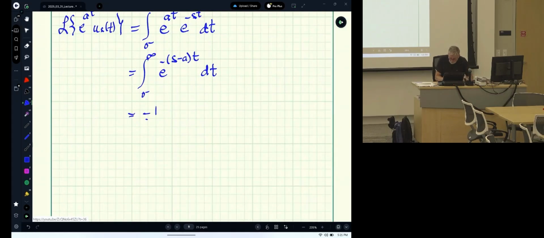So it's minus 1 over s minus a. Minus quantity s minus a, that's z, so it's 1 over z. e to the minus s minus a t. And then we've got these limits.